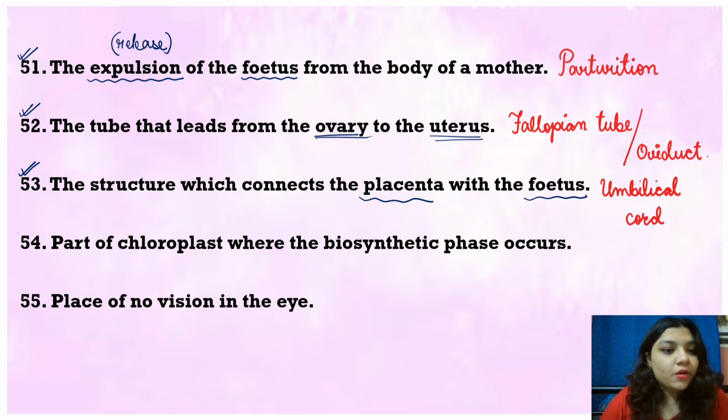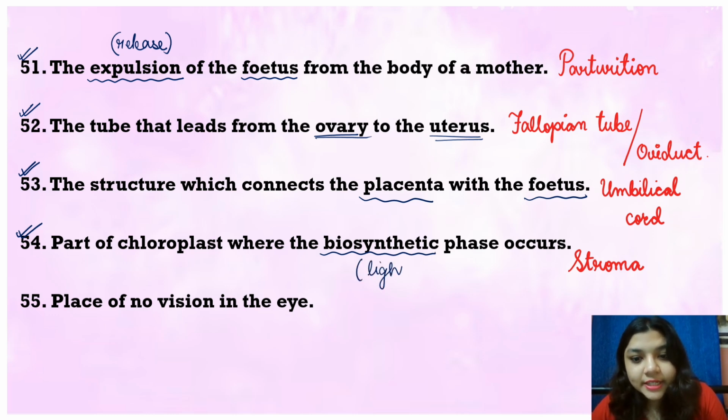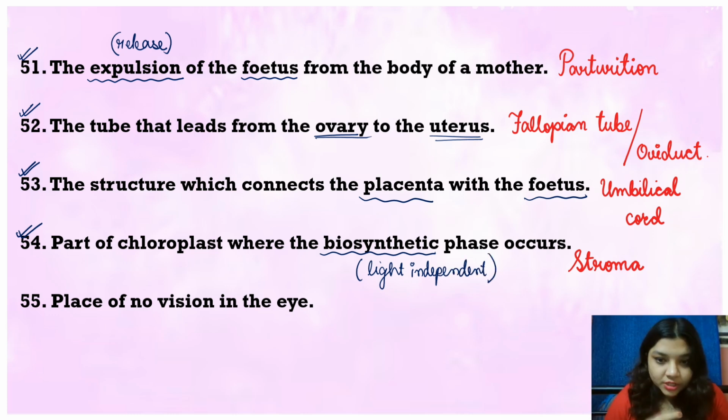Okay. Now, part of the chloroplast where the biosynthetic phase occurs, this is the stroma. So what is the biosynthetic phase? The biosynthetic phase refers to the light independent phase. So the first one, that is the light dependent phase, occurs in the grana.